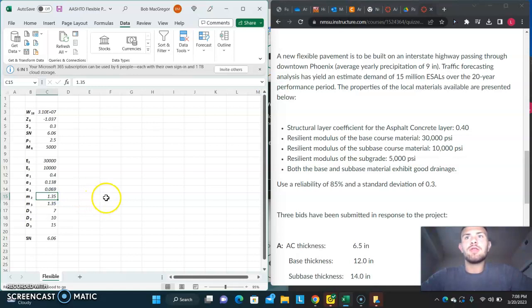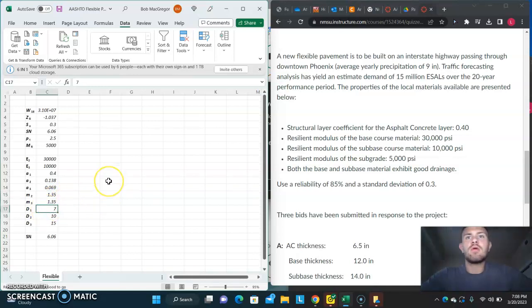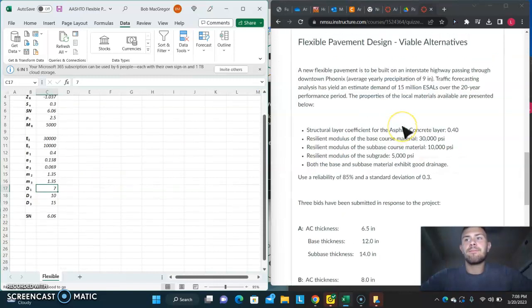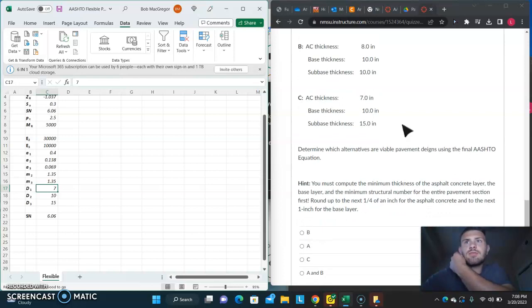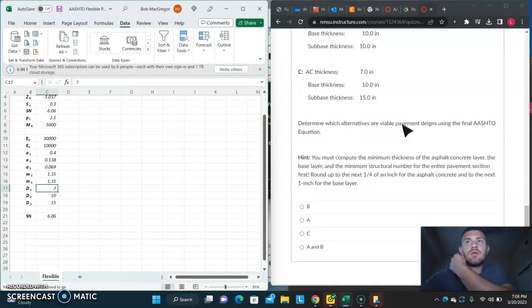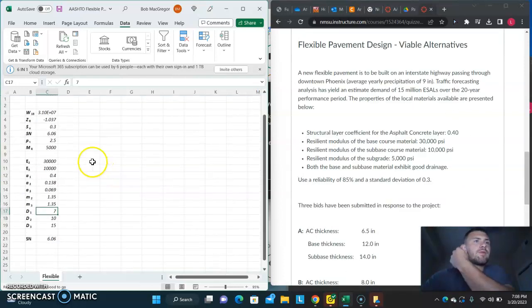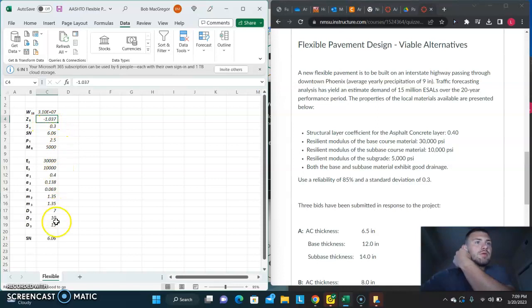I said the drainage is good, so in Phoenix 1.35. Determine which alternatives are viable pavement design. Well, I don't see what else to do.